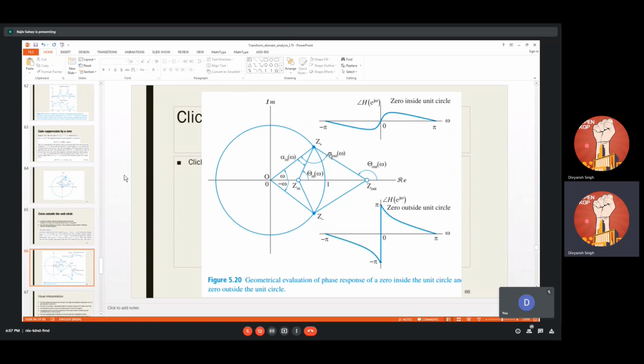This is your alpha_out angle. This is the phase response for Z out. The phase response for Z in is this angle alpha_in. The phase response for Z out is this one.